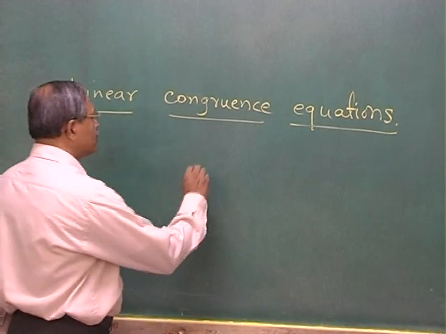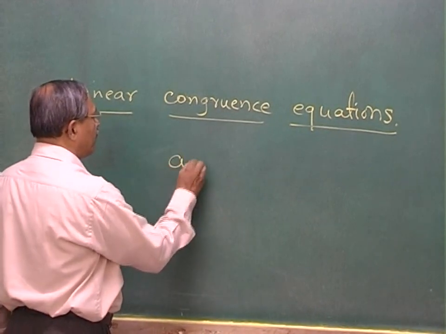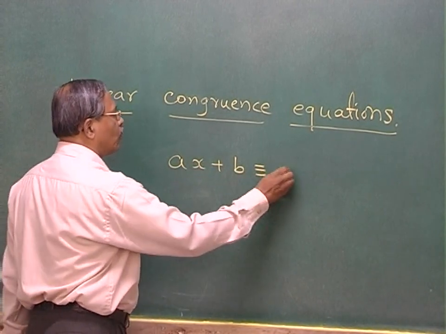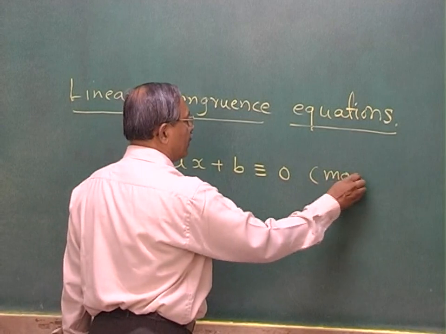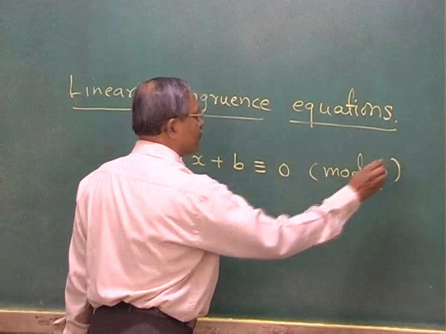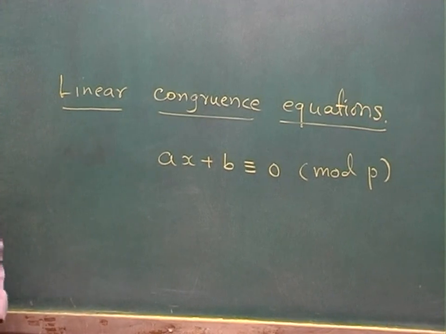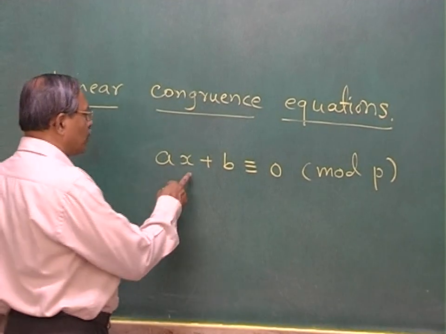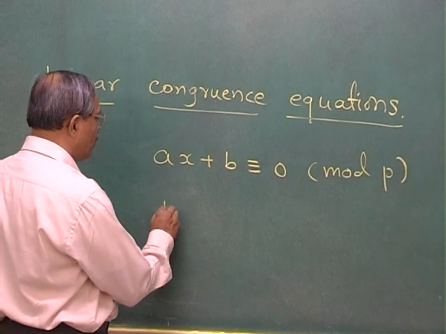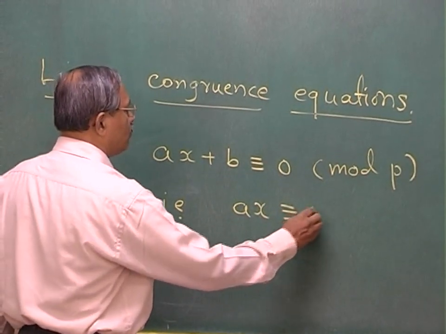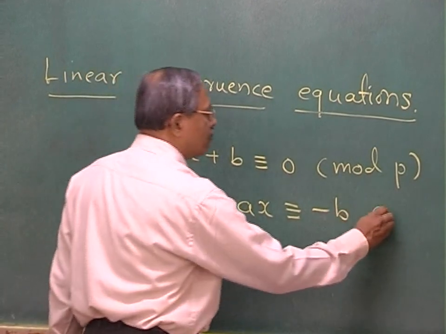A linear congruence equation will be of the type ax plus b congruent to 0 mod p. This can be solved easily because it is equivalent to ax congruent to minus b mod p.